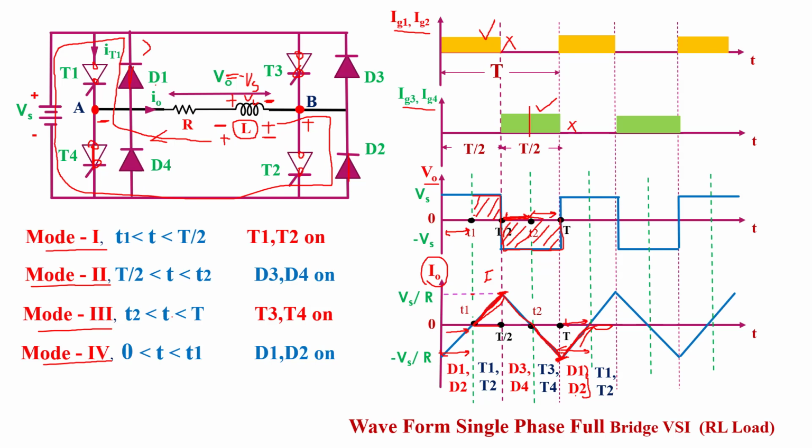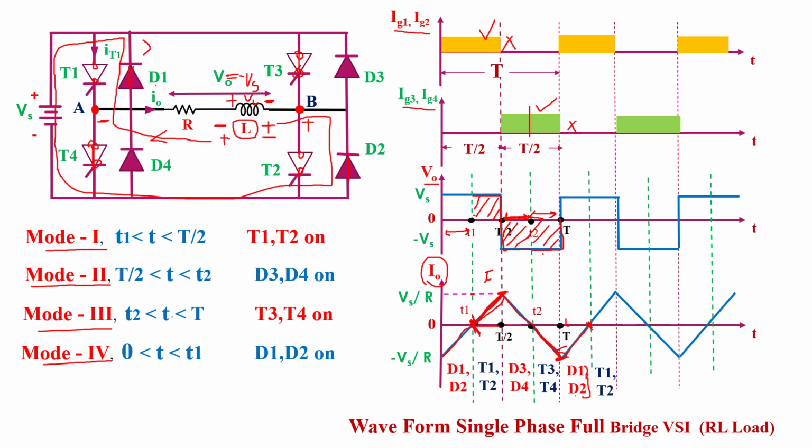And here we see at the output current waveform, current slowly reaches 0 in this time interval. Here we also see current slowly reaches 0 in the 0 to t1 time interval waveform. So this time interval waveform and the 0 to t1 time interval waveform are the same. And in both time intervals, D1 and D2 diodes will be conducting.